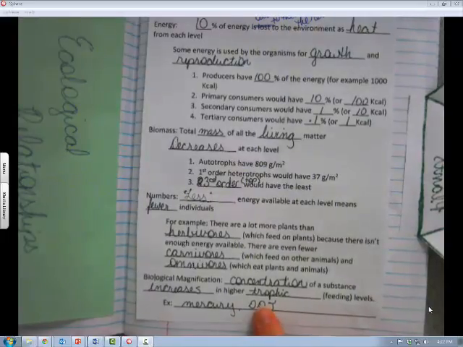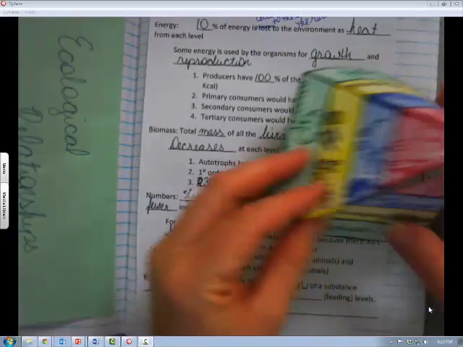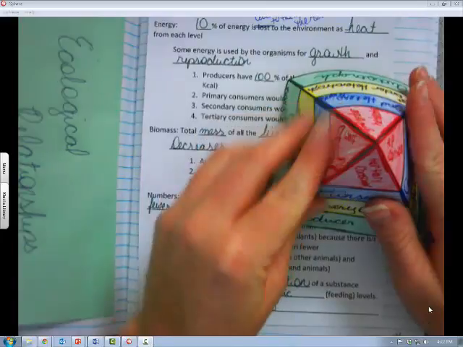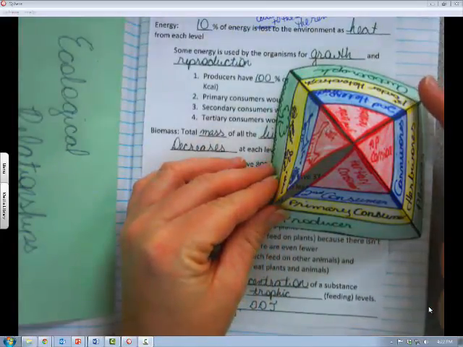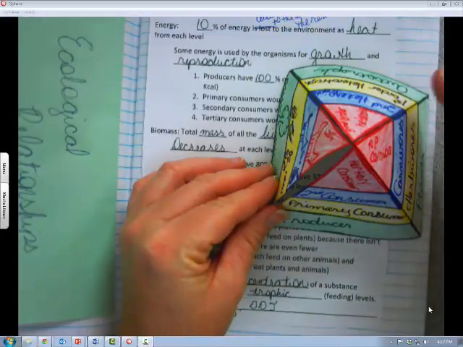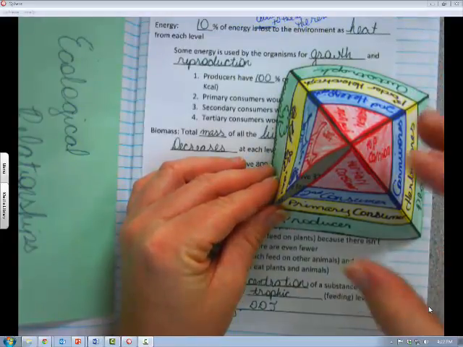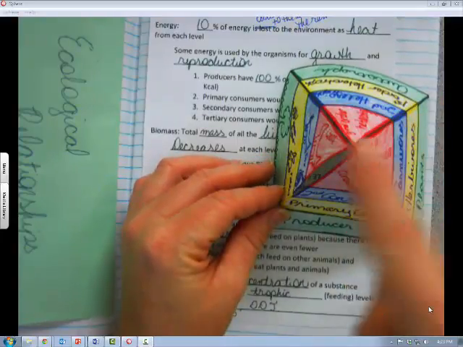A great example of this is DDT. Years ago, DDT was used as a pesticide, and it entered the food chain at very low levels, and it wasn't very concentrated. As it moved up the trophic levels to insects and then fish and on up, it started to get concentrated in the organisms, and we didn't notice its effect until we got to the top.